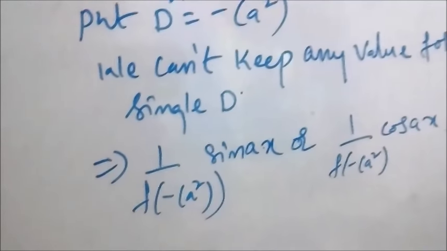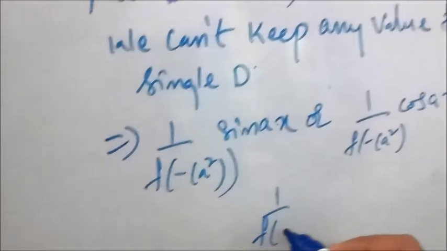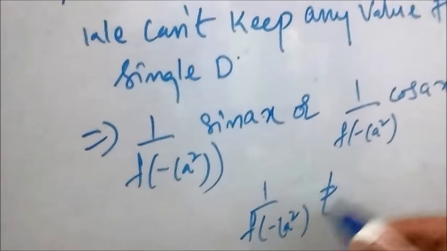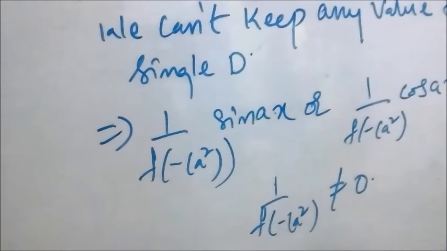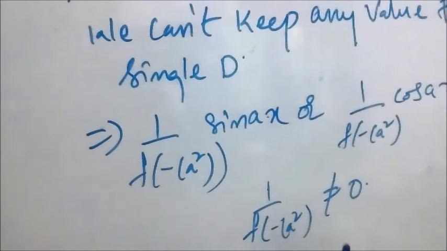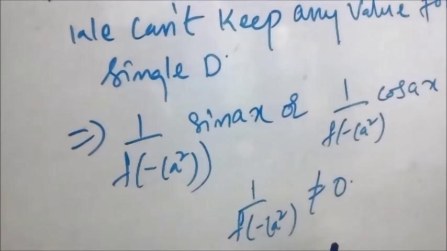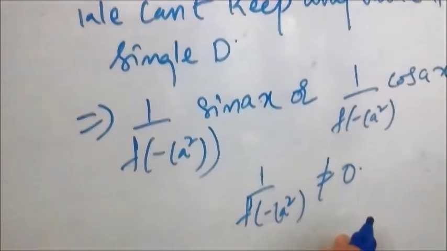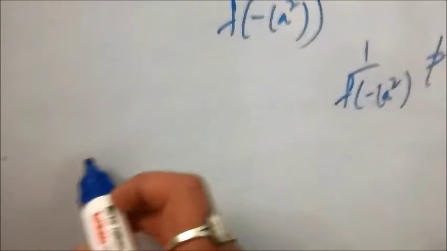This is the case 1, when after substitution of 1 by f of minus a square, it's not equal to 0. This is the case 1 when we are substituting D square equals minus a square, that 1 by f of minus a square has to become not equal to 0. If it's coming as equal to 0, then we have to move to the second case when it is in this form.